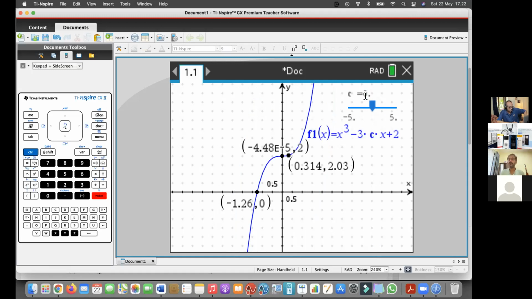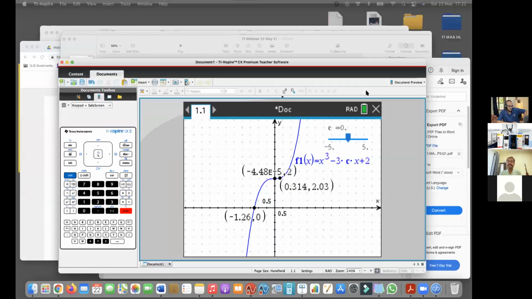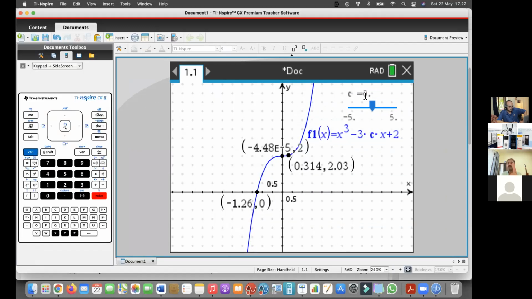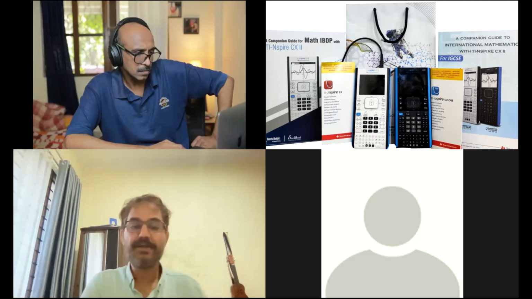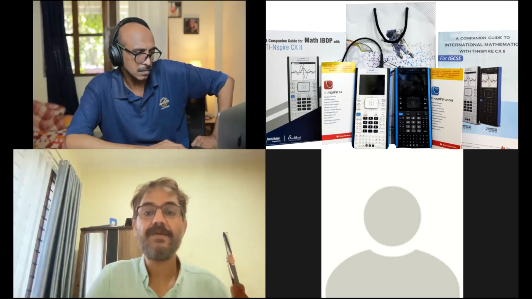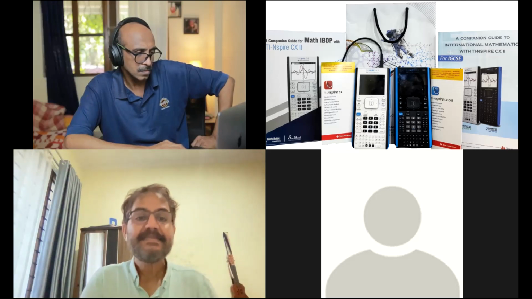So this you can do manually and check how to do that. To have two turning points, you can differentiate x cubed minus 3cx plus c. Let me show it to you on the board. Let me stop sharing and share again on the board.